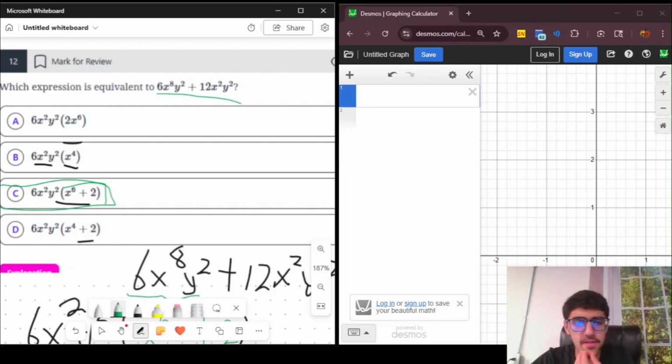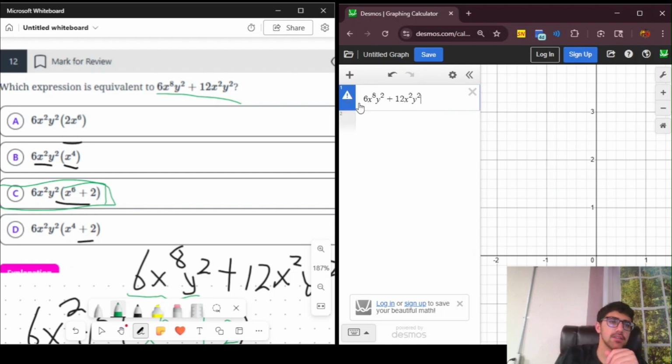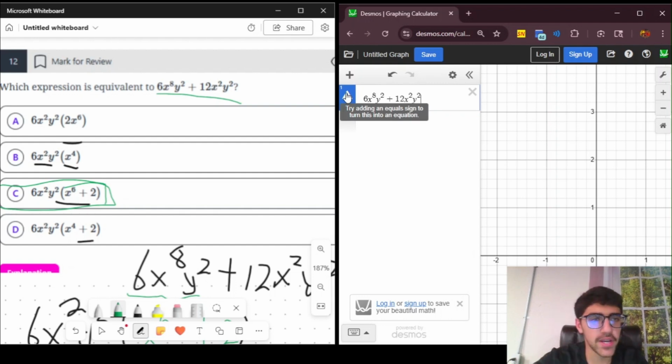Okay. So I'm pretty sure you can't solve this question using Desmos because it's not a proper function; you can't solve for y on this. I think it's going to be more like a circle. So I'm just going to show you guys. Let's just see what happens. If you put 6x to the 8 y squared plus 12x squared y squared, you see it doesn't let you do it. It says try adding an equal sign to turn this into an equation, because it's just confused.